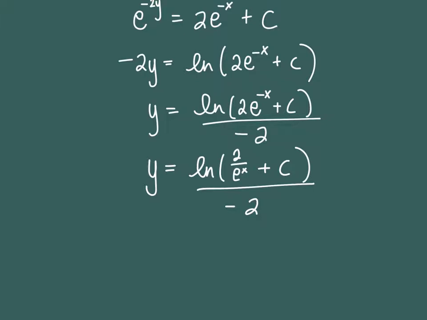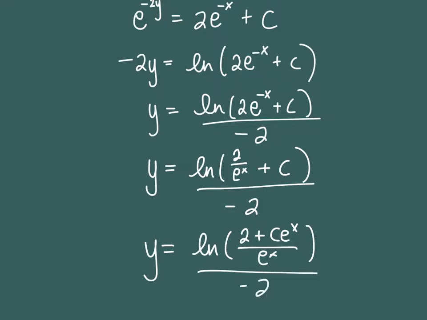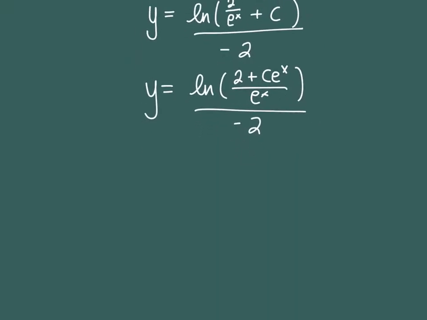You could get a common denominator. Yeah, you could say, all right, it's 2 plus c e to the x over e to the x all over negative 2. So now it has a common denominator. Now that it has a common denominator, you could use the property of logs that allows you to subtract.